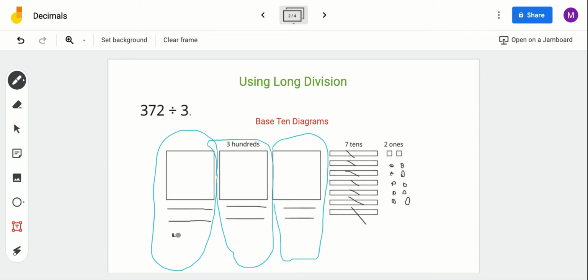I end up with 4 in each group. There, I've gone through my 12 1s, and so 372 broken up into 3 groups, broken up equally. I have 124 in each group.